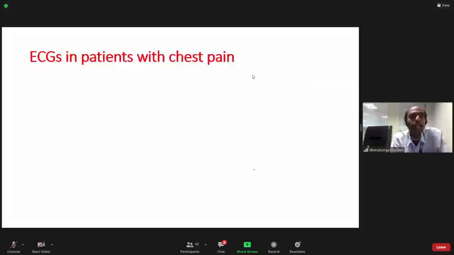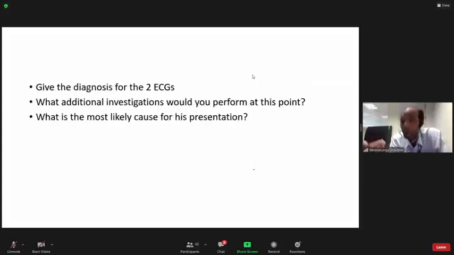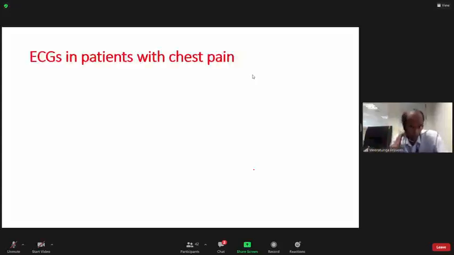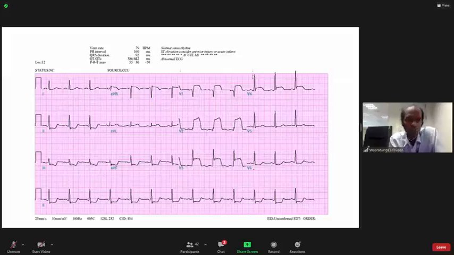The other ECG that you can get is hyperkalemia, and I showed you some examples of hyperkalemia when we were doing the ECG class, so please have a look at those also. Then another set of ECGs you can get are chest pain scenarios, and I showed you this very same ECG.